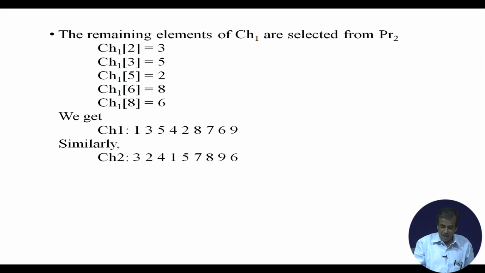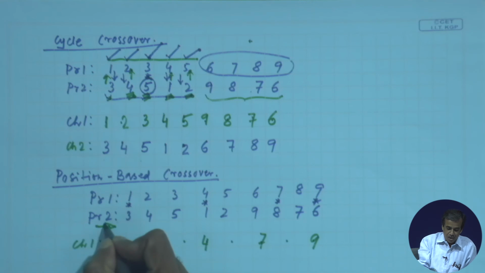So, 1, 4, 7 and 9 have been selected from parent 1, and the rest we select from parent 2. We start from the starting position of parent 2. The first is city 3, 3 is not there, so you select 3 here.